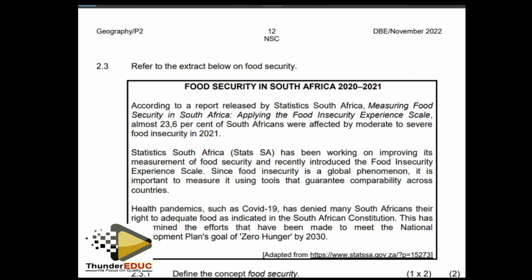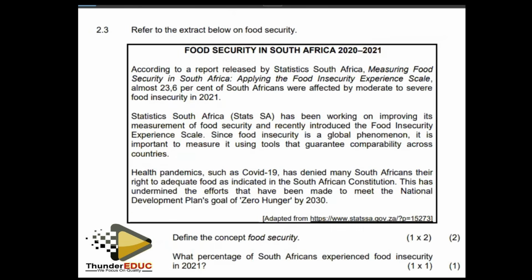So we have now an extract on food security in South Africa. We read the text as usual. You know, learners, we have to read the text. According to the report released by Statistics South Africa, measuring food security in South Africa, applying the food insecurity experience scale, almost 23.6% of South Africans were affected by moderate to severe food insecurity in 2021. Statistics South Africa has been working on improving its measurement of food security and recently introduced the food insecurity experience scale.